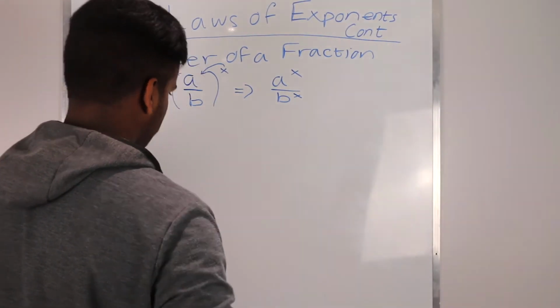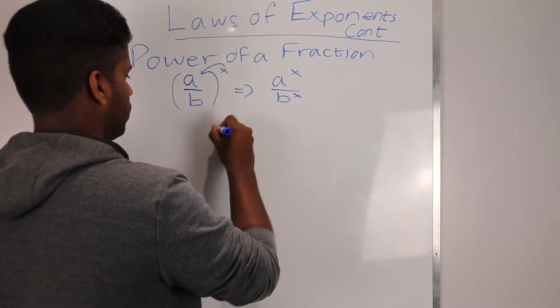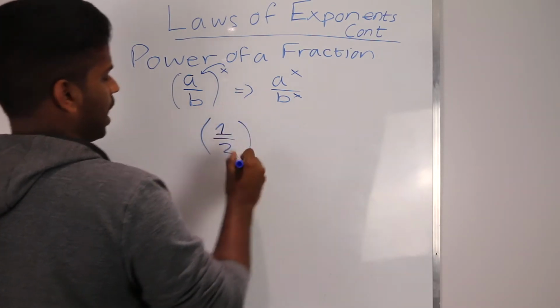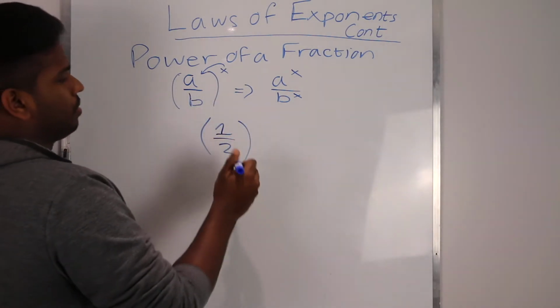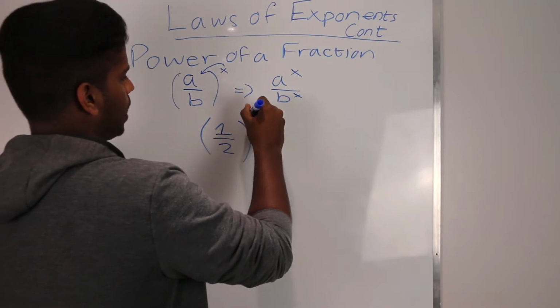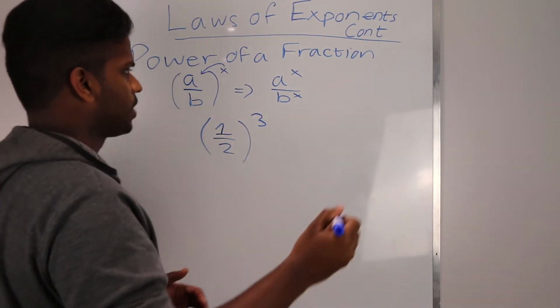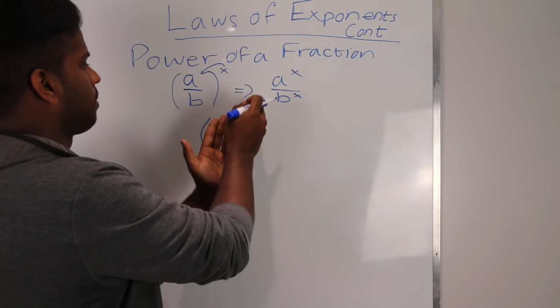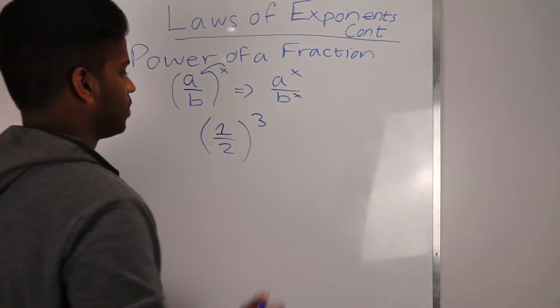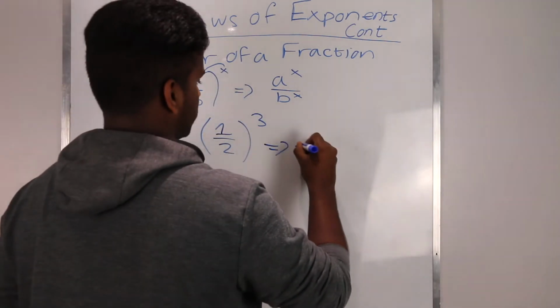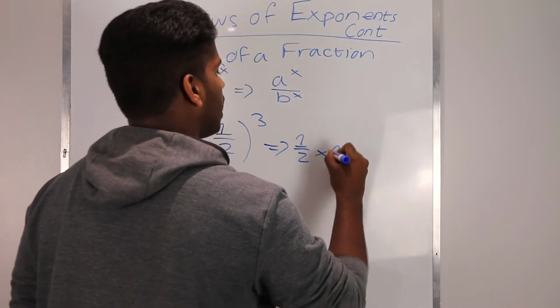Let's choose something. So 1 over 2. We have A over B, so we have 1 and 2, to the power of 3, cubed. So x equals 3 in this situation. What is that in plain terms? Half times half times half.